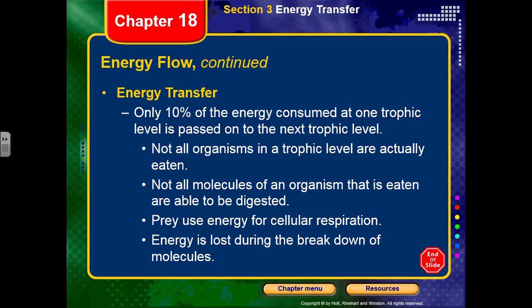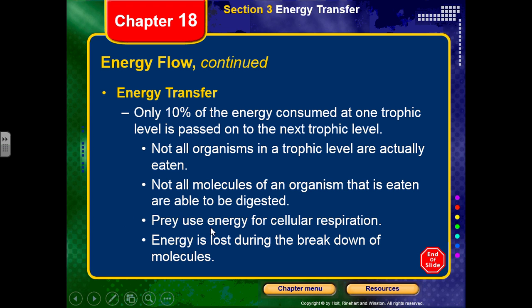The second reason can be that not all the molecules of an organism are actually digested. For example, for us, the hide and the deer, the eyeballs, probably the brain, all those molecules that make up there, and then of course those things are made up of energy at some level. They, of course, are not actually consumed. So some of the energy is lost with basic structures.